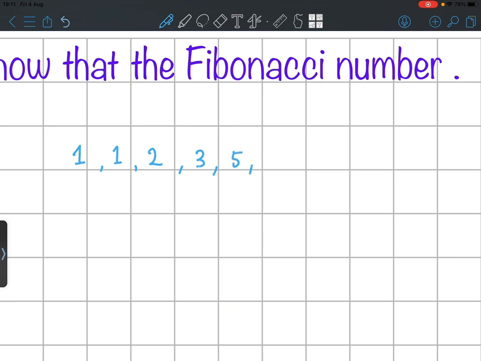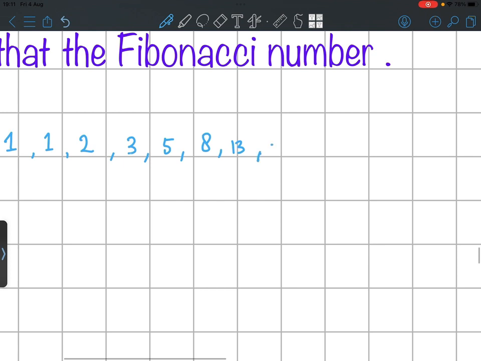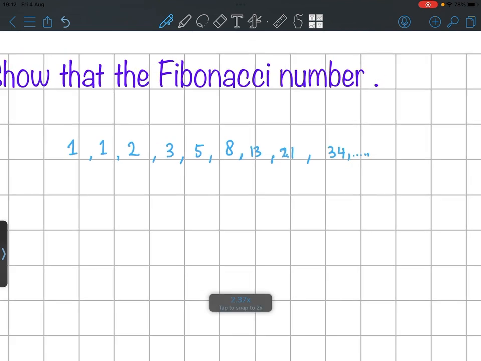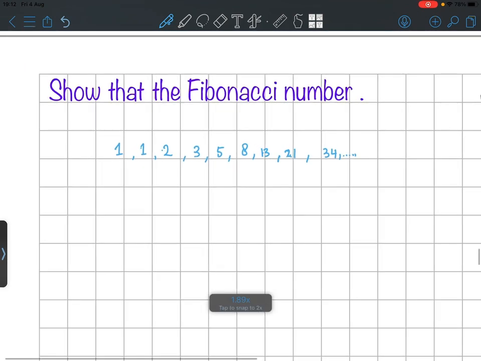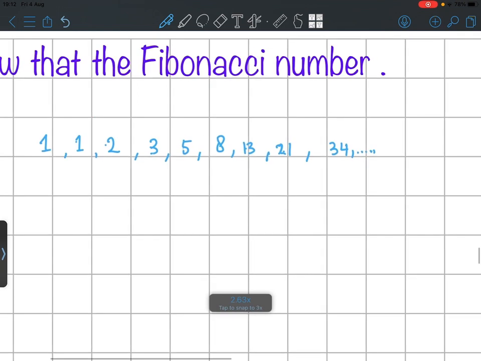This is 5 plus 3, which is 8, then 13, then 21, then 34, then dot dot dot. So we show up to 9 terms. You can show up to 9 terms, as long as you understand how the pattern works.